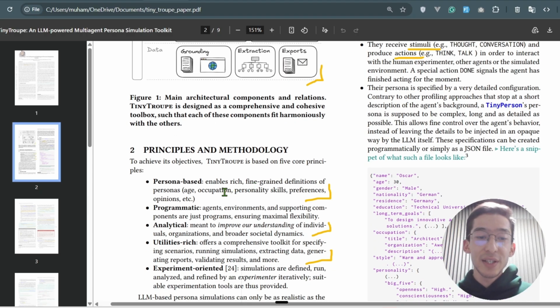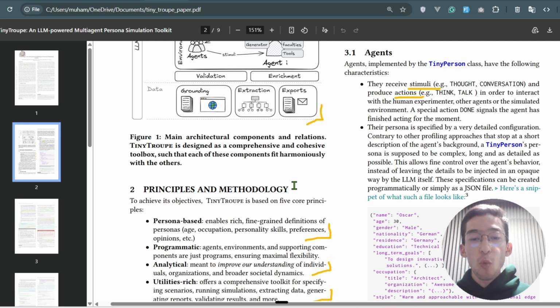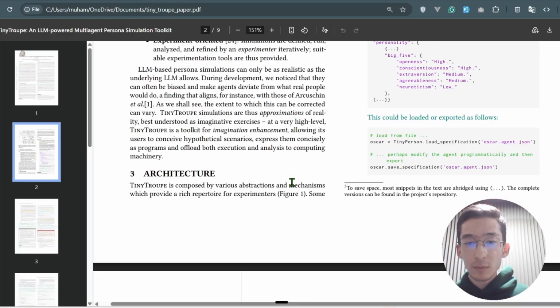Okay, and as you can see here, the age, occupation, personal skills, and preferences are the parameters that work and that give the result from agents.